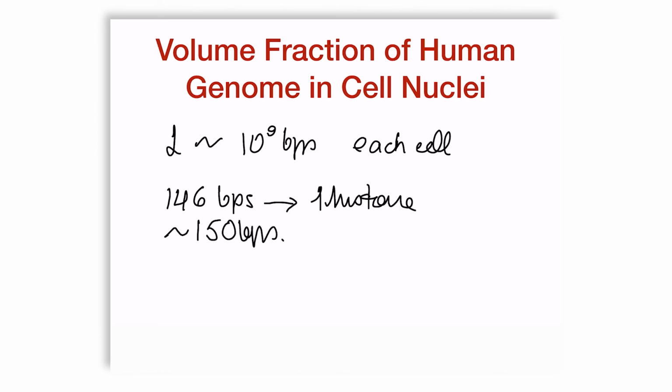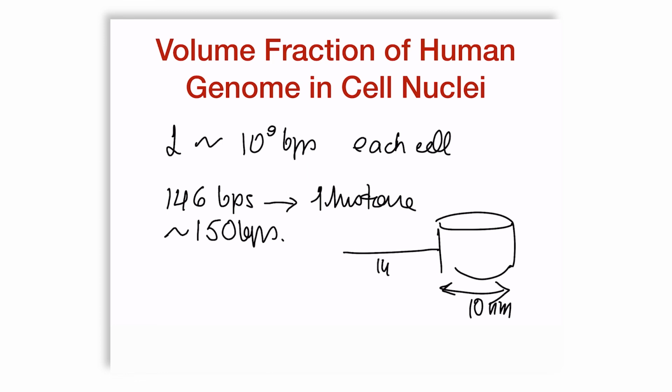The diameter of such a structure is around 10 nanometers. The length of the 146 base pair DNA is 146 into 0.34 nanometers, which comes, let us look at our calculators, 146 into 0.34 is 49.64, so I'm going to say 50 nanometers.